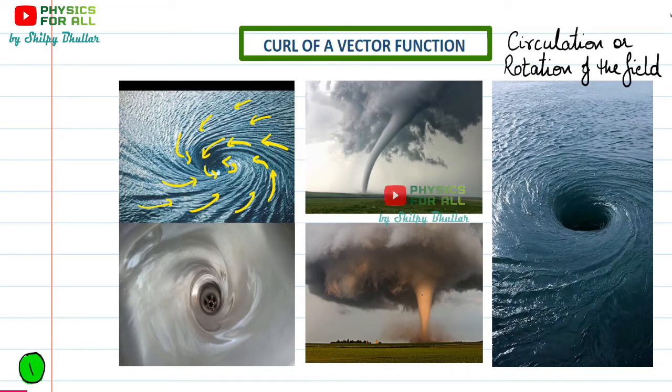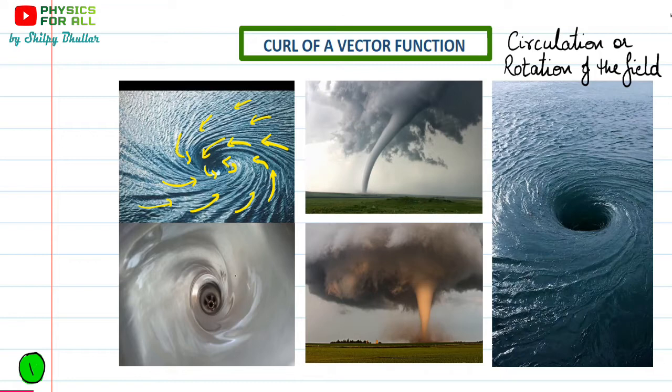We understood the example of divergence also using the example of the water flowing through the sink. We know that when water flows through the sink, it is an example of negative divergence. But if we say that the water is rotating as well, then we say that particular vector function is showing both divergence and curl.